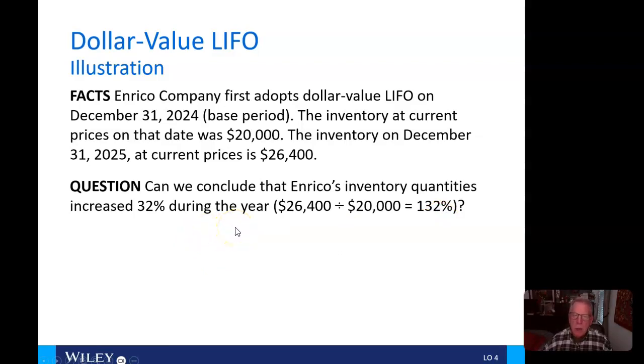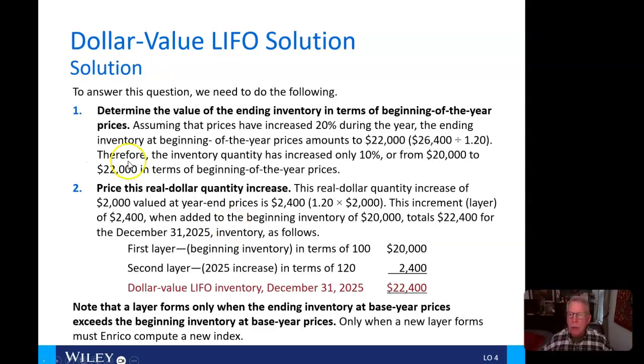Can we conclude that the quantities increased 32%? Not necessarily. To answer that, we need to determine the following. We determine the value of ending inventory in terms of beginning of the year prices, and we find that the prices have increased 20% during the year.